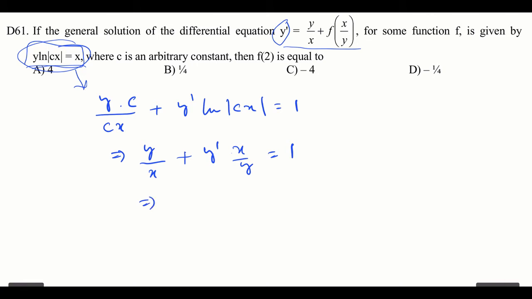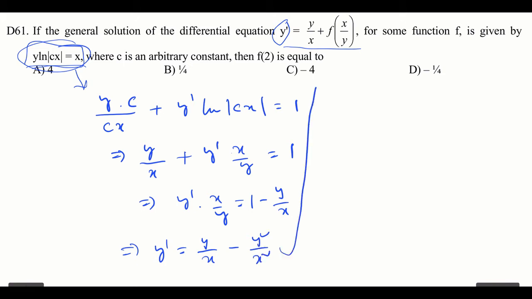So I am getting y dash into x by y is equal to 1 minus y by x, or from this I have y dash is equal to y by x minus y square by x square, or I can write it as y dash is equal to y by x minus 1 by x by y whole square.